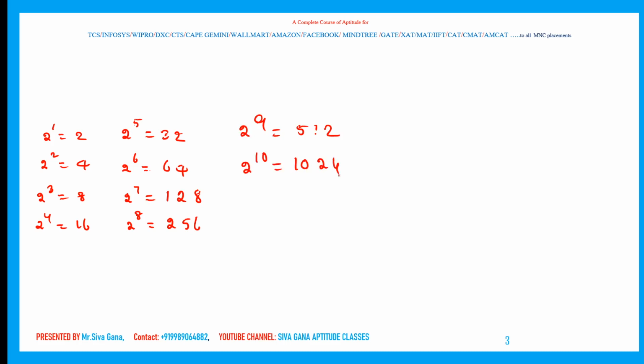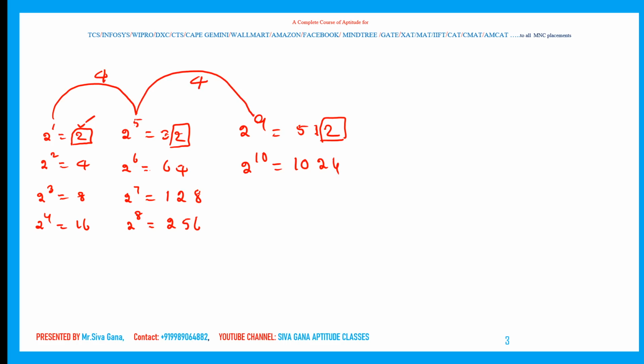Now see, I'm just taking digit 2. 2 power 1 unit digit is 2. Very important point I'm explaining. 2 power 1 unit digit is 2. 2 power 5 unit digit is 2. 2 power 9 unit digit is 2. Now 2 power 1 to 2 power 5, how many powers? 4 powers. 2 power 5 to 2 power 9, how many powers? 4 powers.